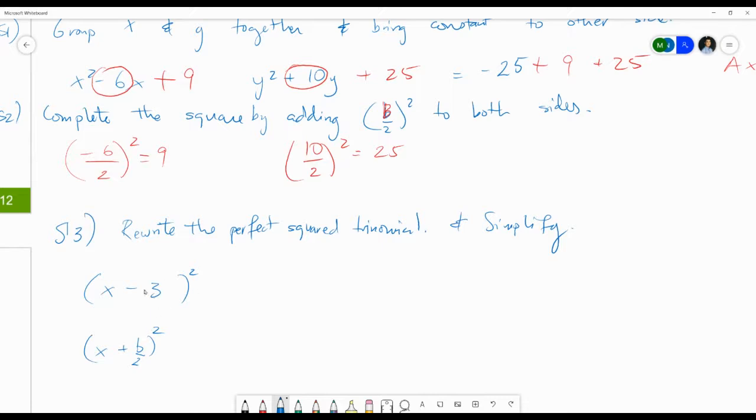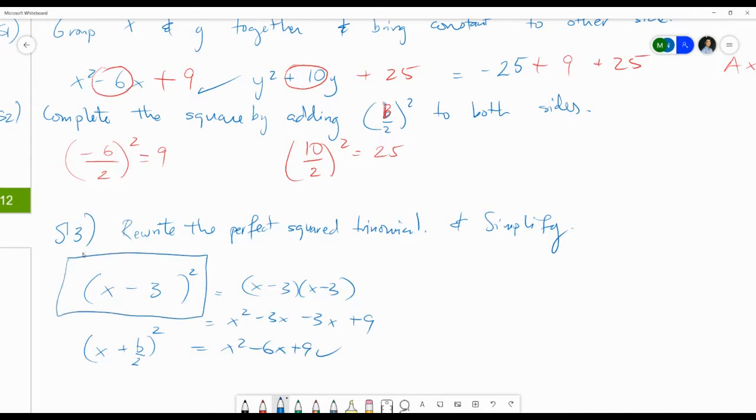Now I can FOIL this out to show you that it's exactly the same thing. All right, so you can see here that we get back the same thing. So this is now my first perfect square trinomial. Do the same thing for y: y plus 5 squared.